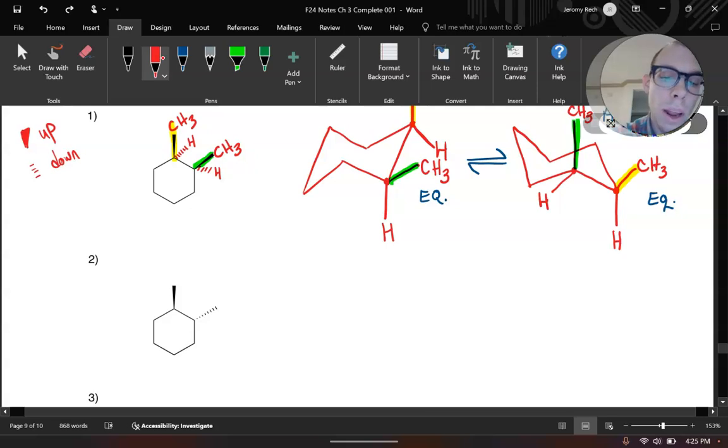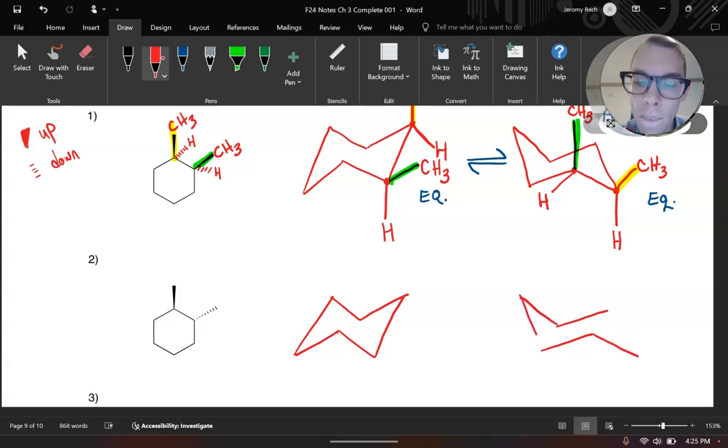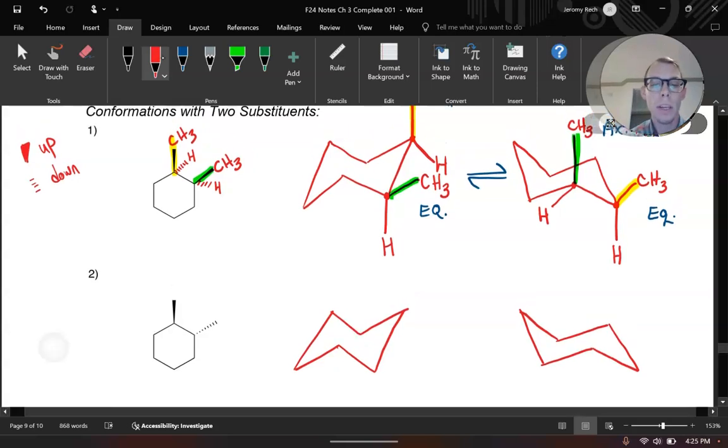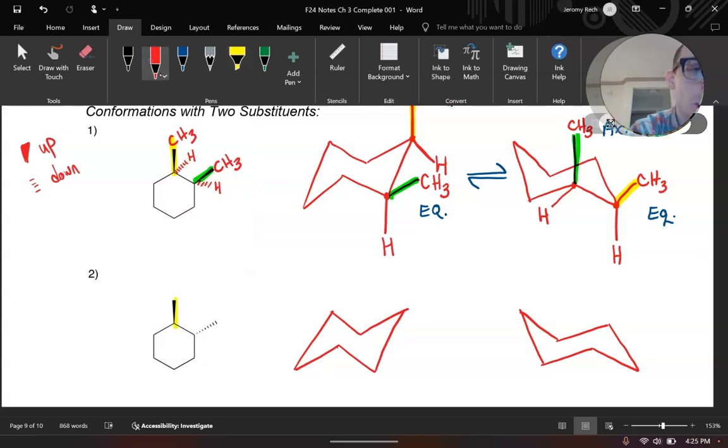We're still going to draw our two slanted lines to draw our chair, make a triangle, and then connect them. Same thing on my chair flip. My yellow is going to remain the exact same, so this CH3 up here is going to be the exact same.